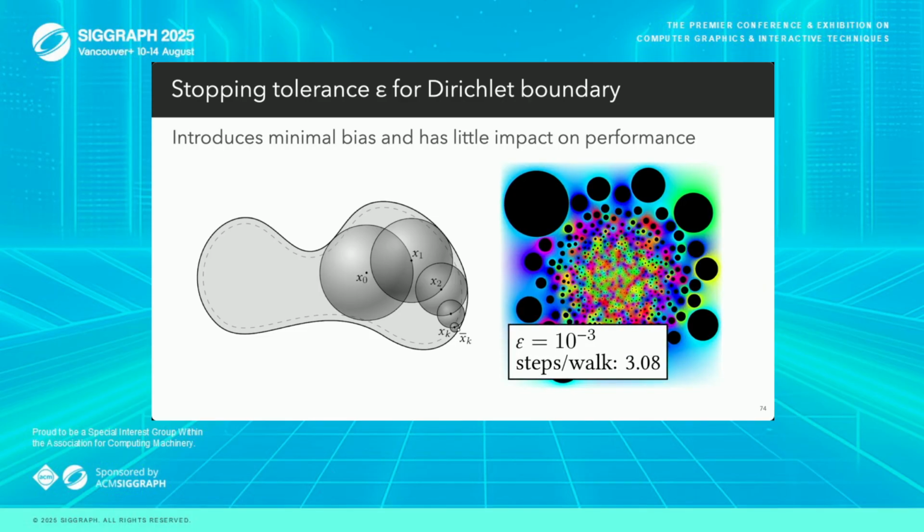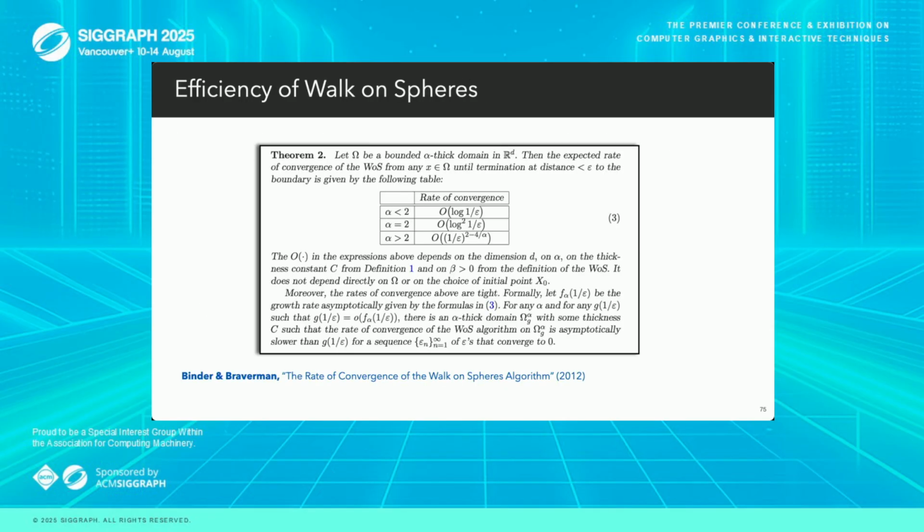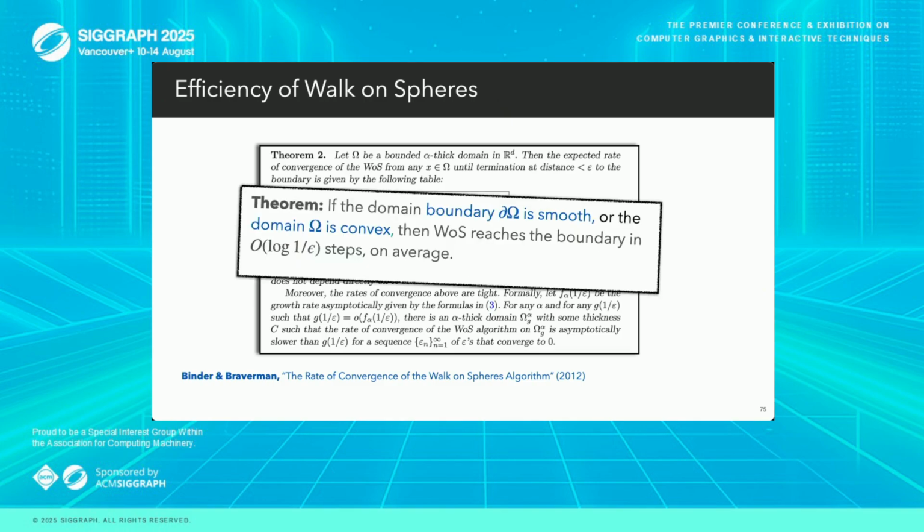In fact, we saw this on one toy example, but people have been able to come up with formal arguments to actually show that. So Binder and Braverman have proven that given any kind of geometry that's at least smooth or maybe convex, we'll be able to converge to the boundary within a number of steps that scales logarithmically with the inverse value of epsilon.